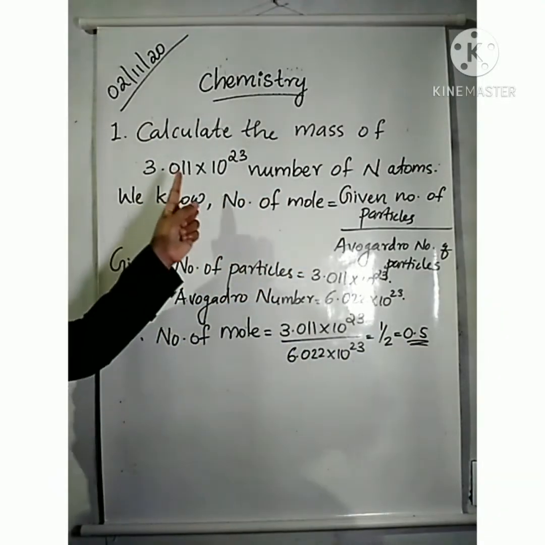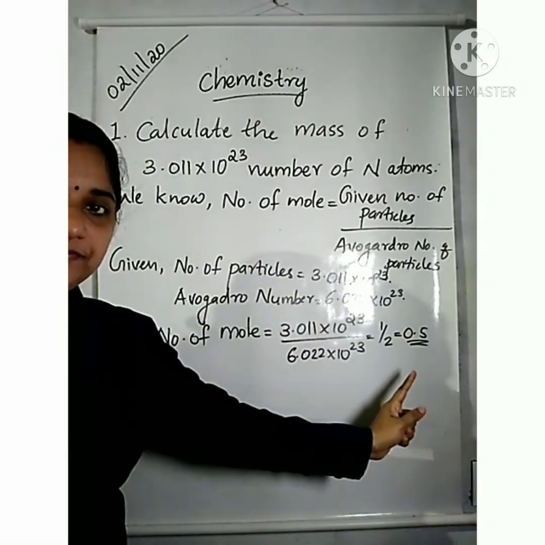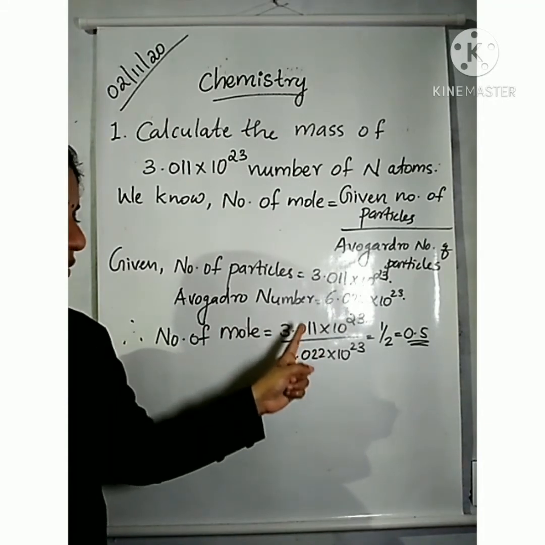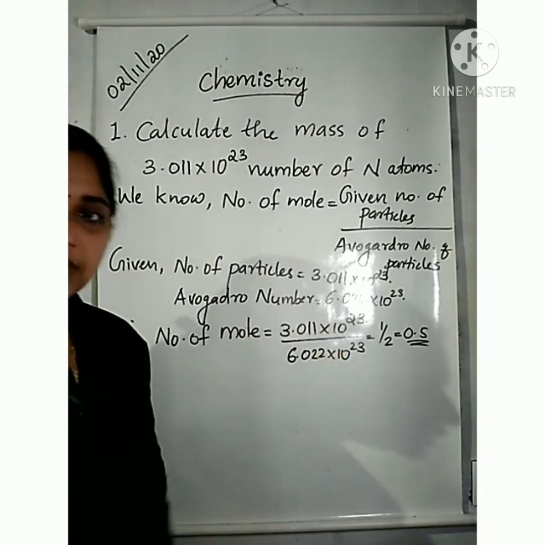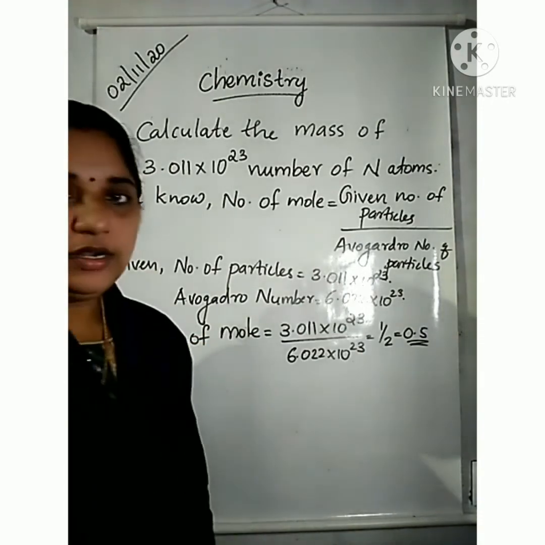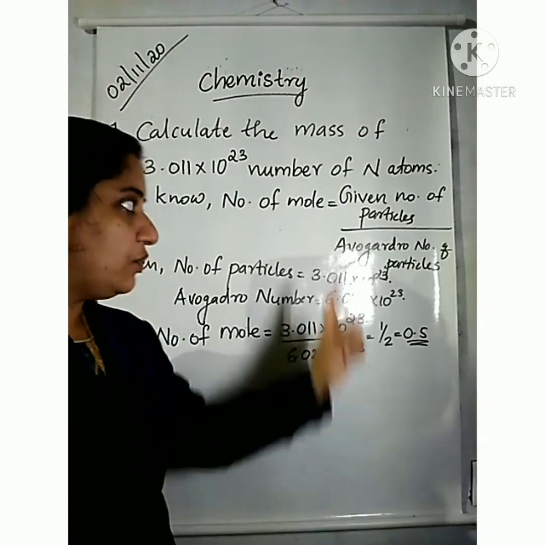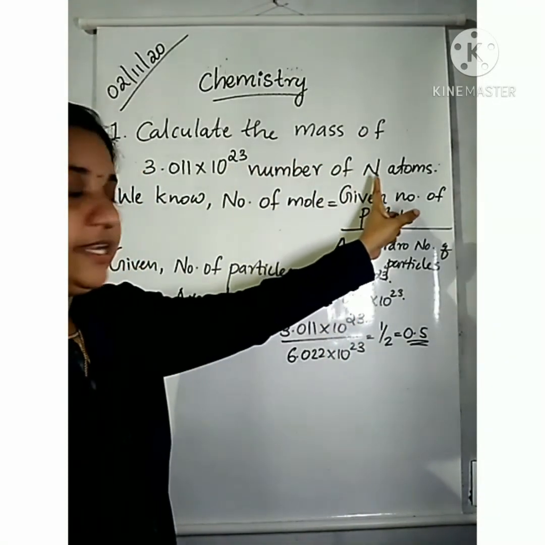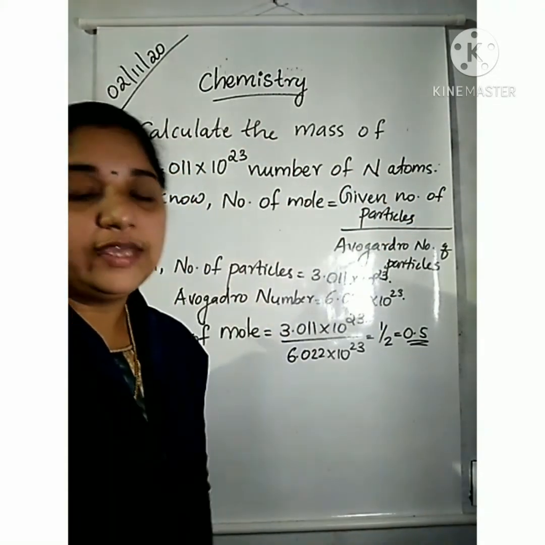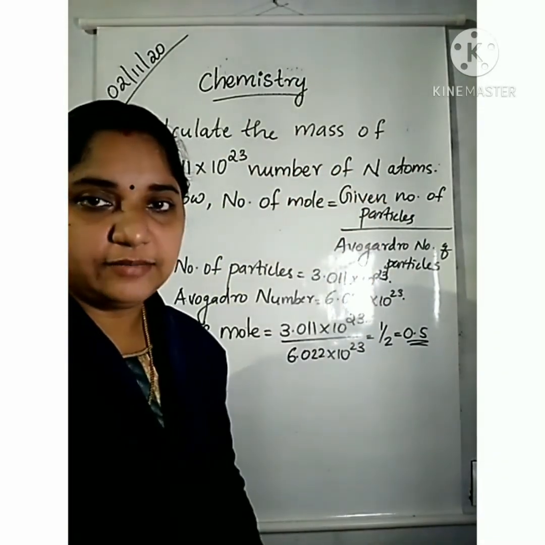So this number of particles means half mole. Half mole contains 3.011 into 10 raised to 23 particles. We got the number of mole. Then, with the help of the number of mole and the molar mass of nitrogen atoms, from that too we can find out the mass of these nitrogen atoms.